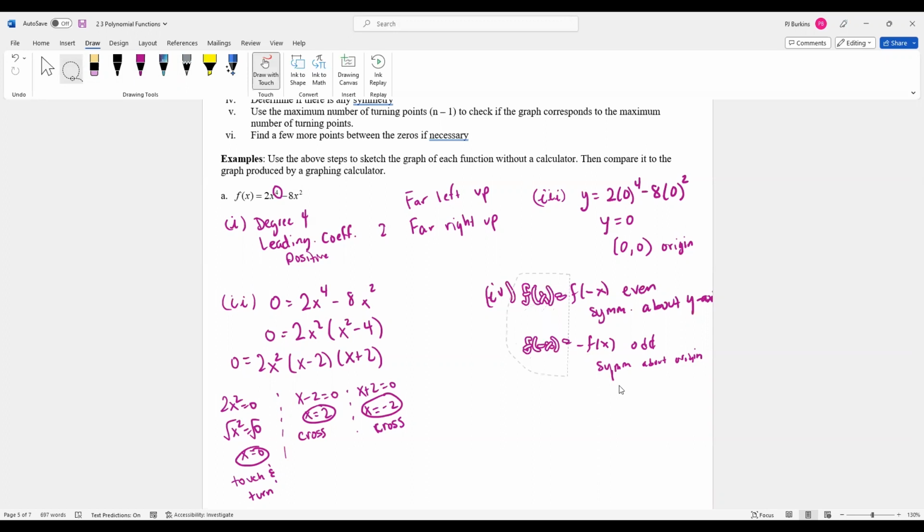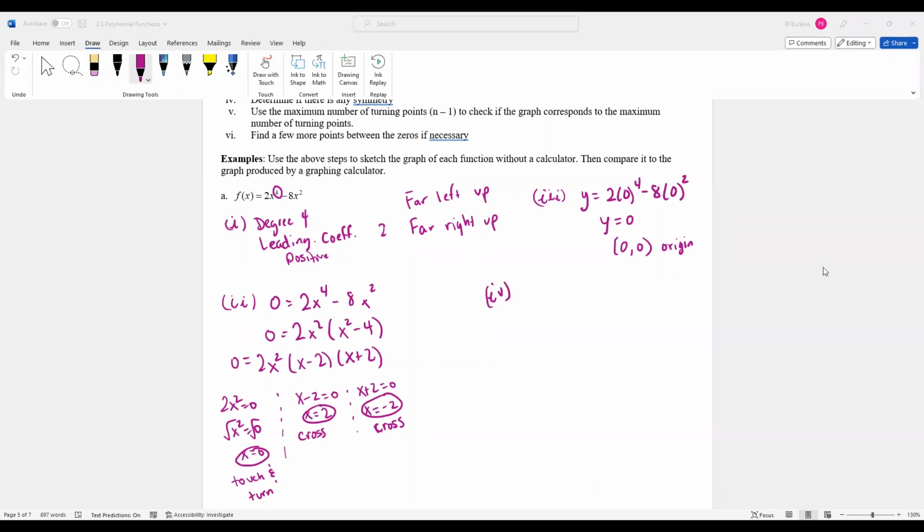So first we need to just plug in negative x into the function. All right, so plugging negative x in, we have f of negative x is equal to 2 times negative x to the fourth minus 8 times negative x squared. Remember, if we have an even power and it's a negative value, it's going to become positive after you've raised it to that power.